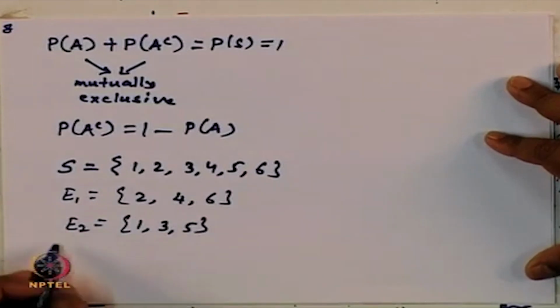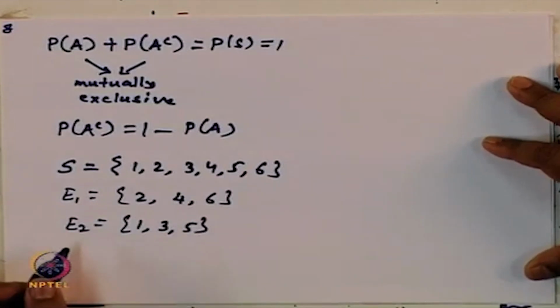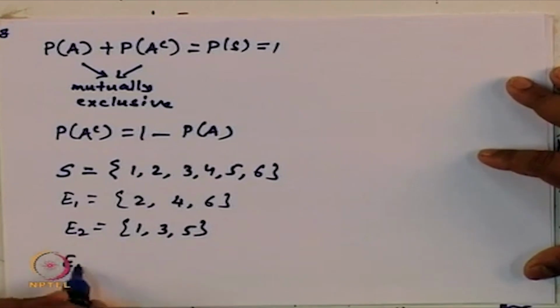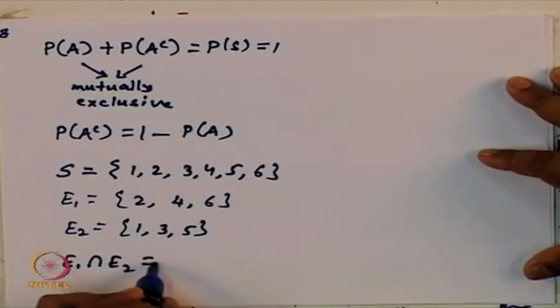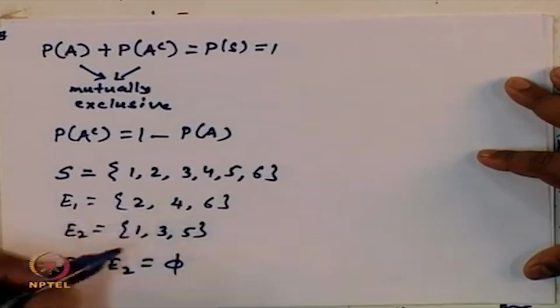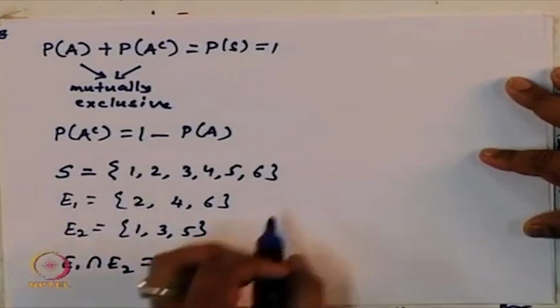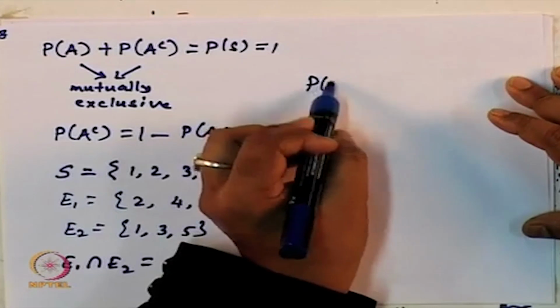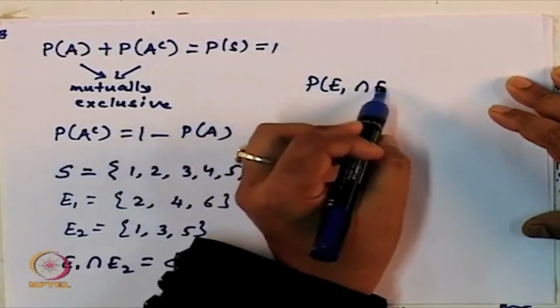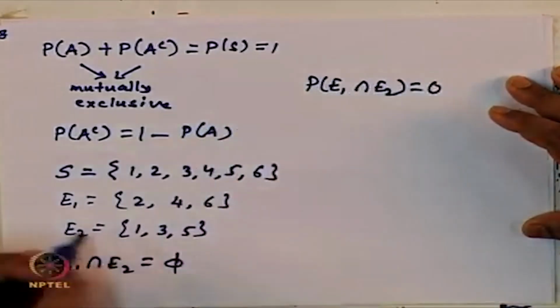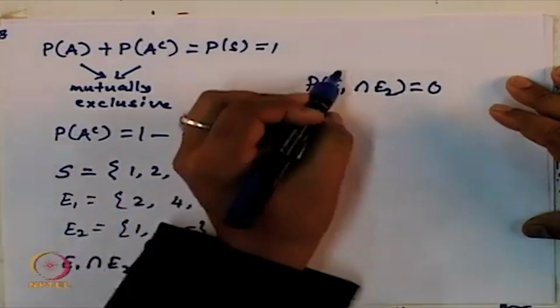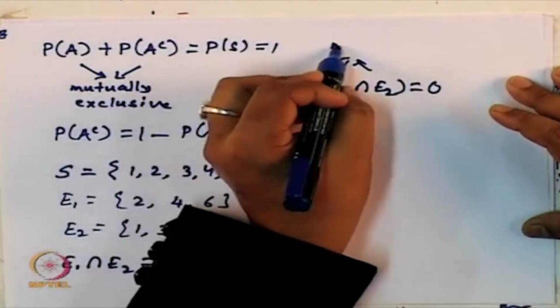These are 2 events. I can clearly see that E1 intersection E2 is empty. There is no number which is common in these 2 events. So, I can write the probability of E1 intersection E2 is equal to 0, because these are mutually exclusive.